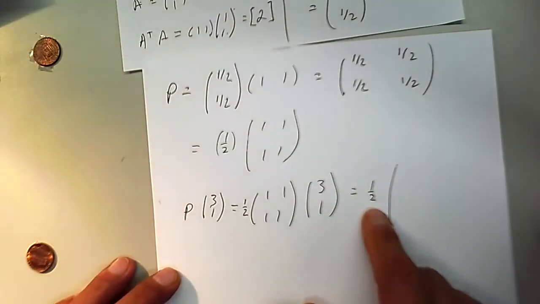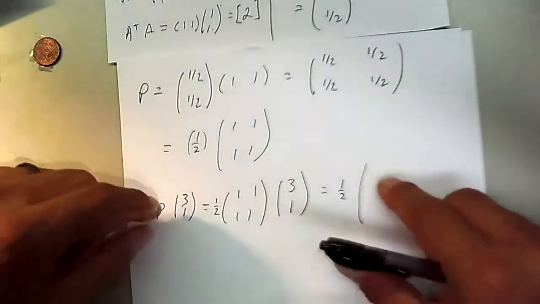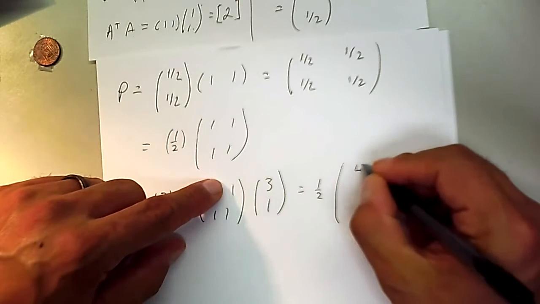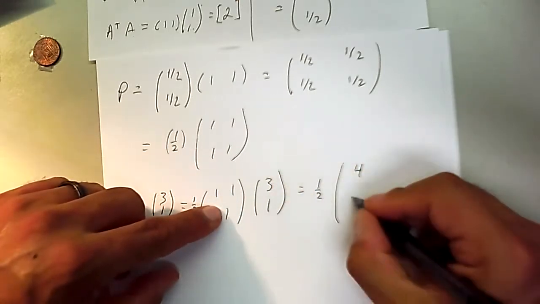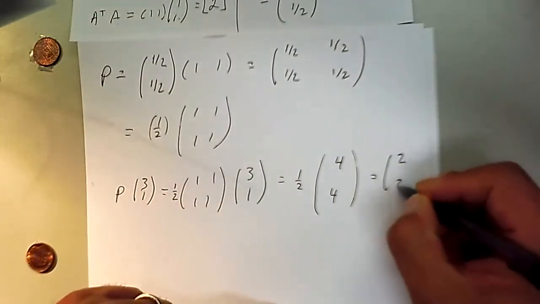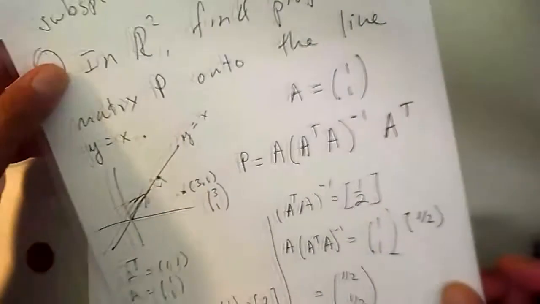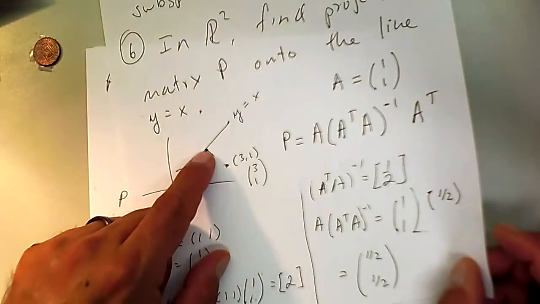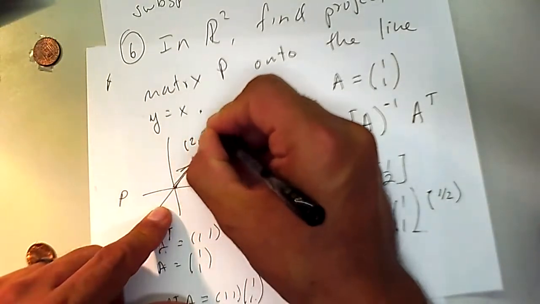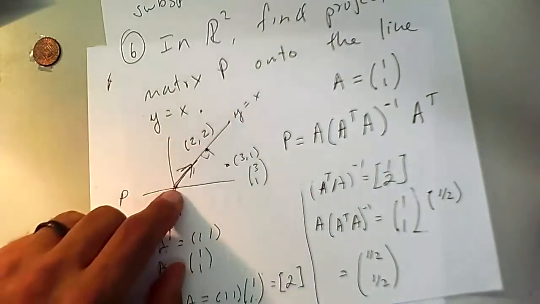Oftentimes when we have a fraction, a denominator, we factor it out so that we end up with nice whole numbers inside the matrix. So 3 plus 1 is 4. 3 plus 1 is 4. But then we can multiply through and we end up with 2, 2. Oh my goodness, 2, 2 is the projection of this point perfectly onto this line. 2, 2. That is the closest point on the line to this point.